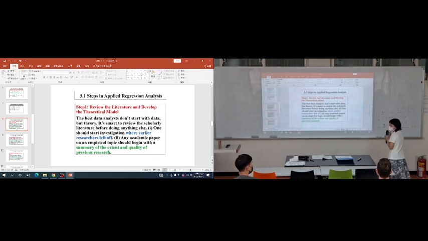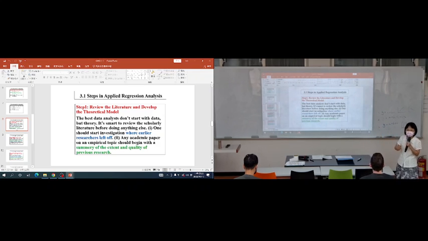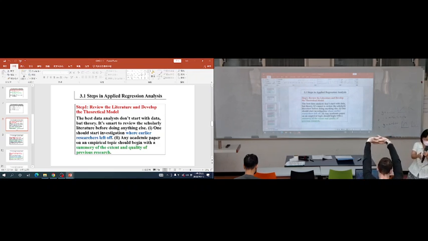Usually if you do an empirical study, since you need to show all these tables and estimation results and do the explanations, it's not as many pages as those in the literature.